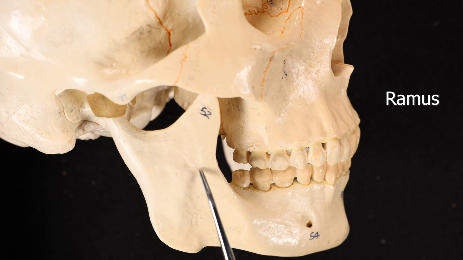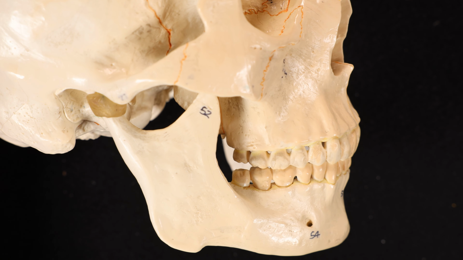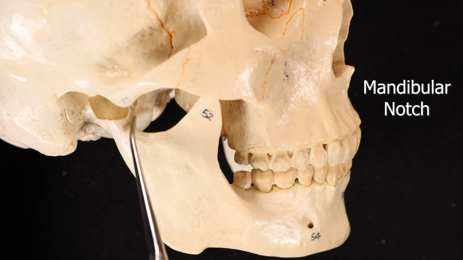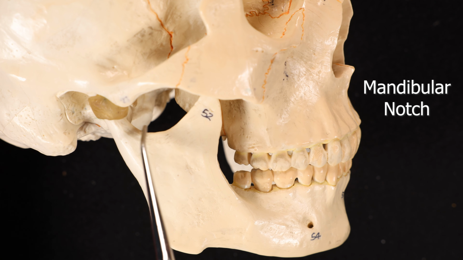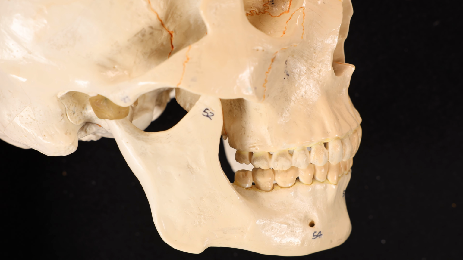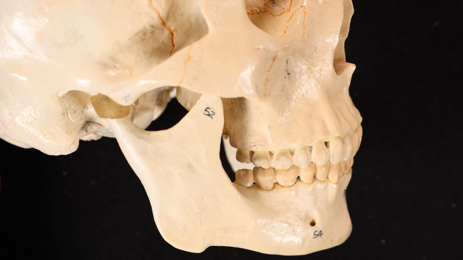So this whole thing here is the ramus of the mandible. We're then going to have the mandibular notch. This indent is the mandibular notch. We then have two processes. We have the condylar process and the coronoid process.